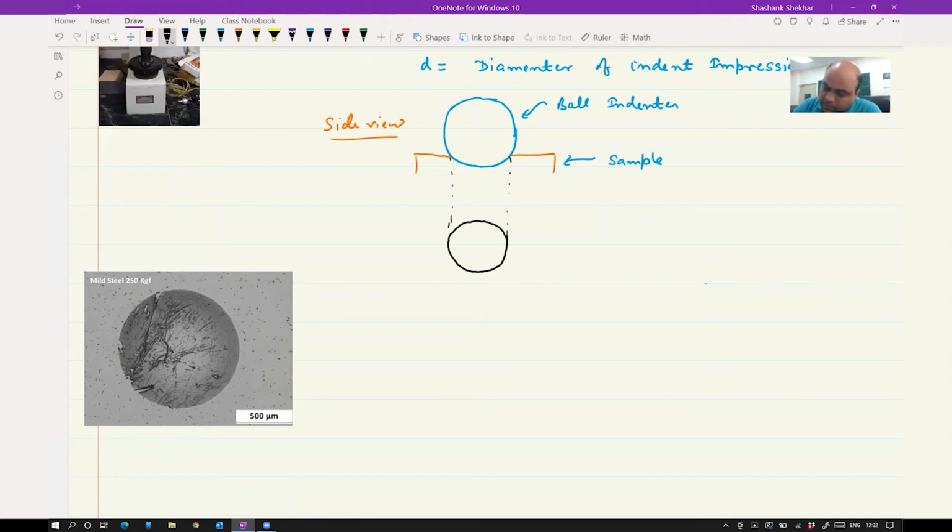What we do is measure D1, and then along the other, perpendicular direction, we measure D2.